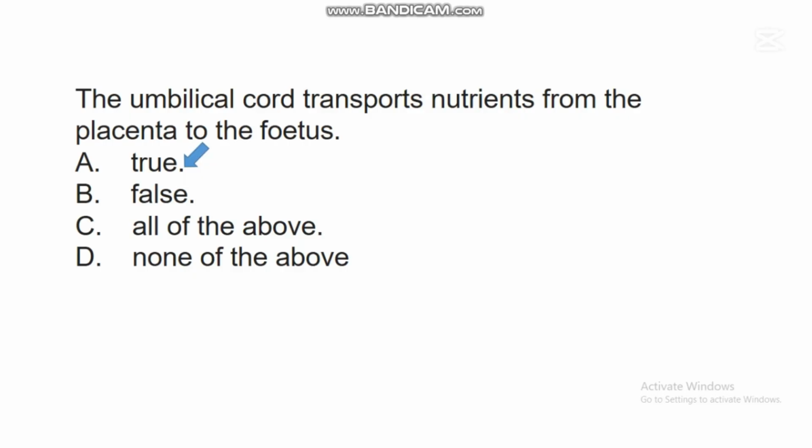This structure called umbilical cord helps in transporting nutrients from the placenta to the foetus because it is connected to the placenta. So this umbilical cord ensures that the nutrients that the placenta receives from the mother will be supplied to the developing organism or fetus.